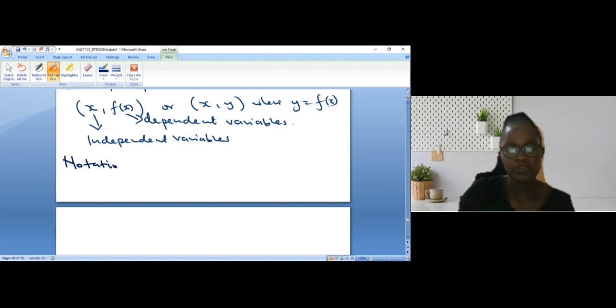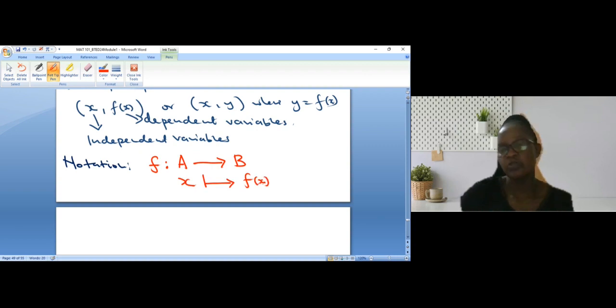Normally we represent functions with function notation. You write the function using small letters of the alphabet, with the domain and codomain. It's a rule that assigns elements of a set A to a set B. That's the notation of functions.